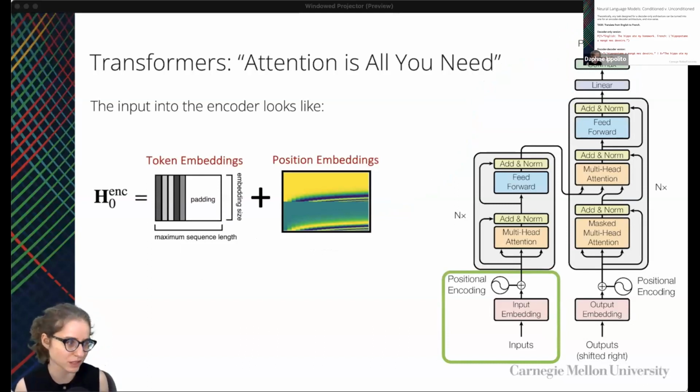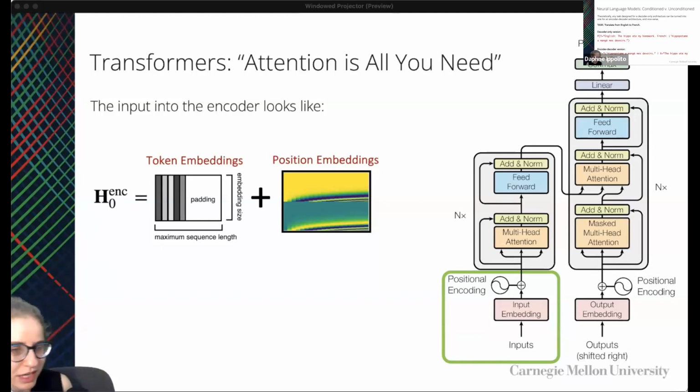And this is what you see on the left here. If you have a sequence that is too long, you have to truncate it to whatever your sequence length for the model is. And if you have a sequence that is too short, you have to pad it, because the transformer requires an input of this dimension for all the matrix multiplications to work, which is different than recurrent neural networks, where you could train on sequences that had different lengths because you were just iterating over the sequence for as many tokens as it had.